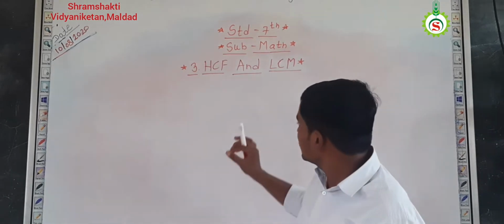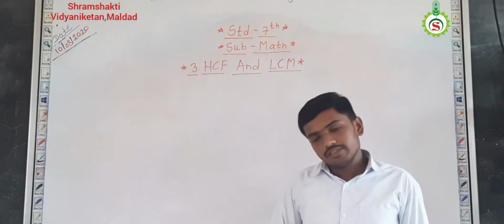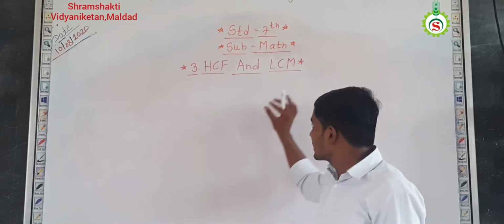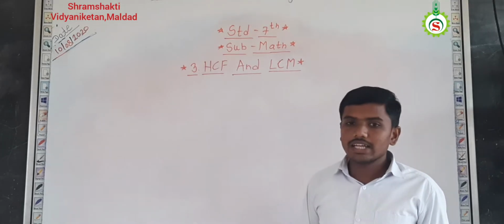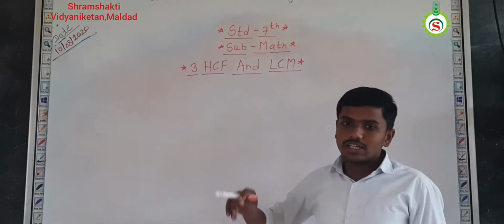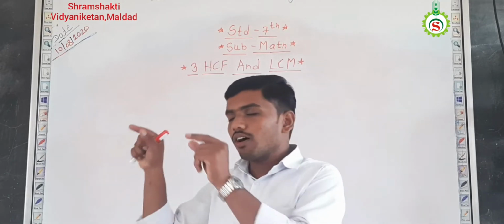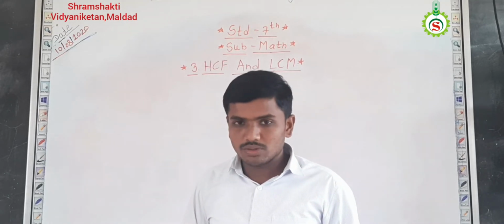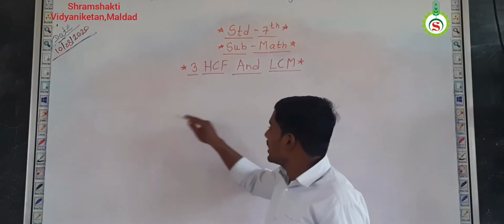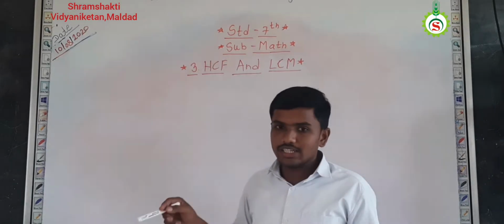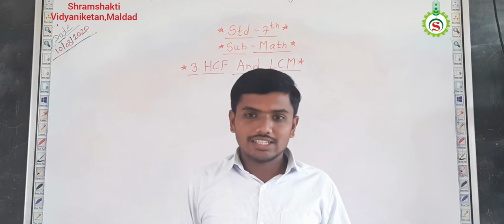That means if you want to find out LCM, you must factorize the given numbers. You can find the LCM by horizontal arrangement or by vertical arrangement, and how to find the LCM by horizontal and vertical method, we have seen in the last lecture.